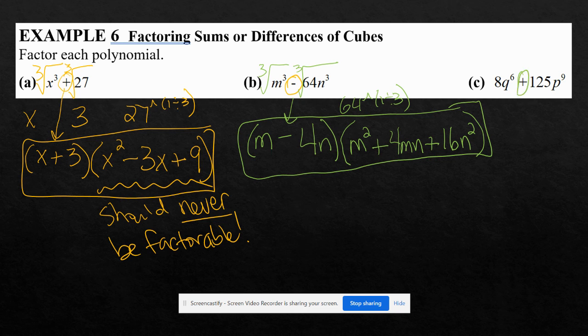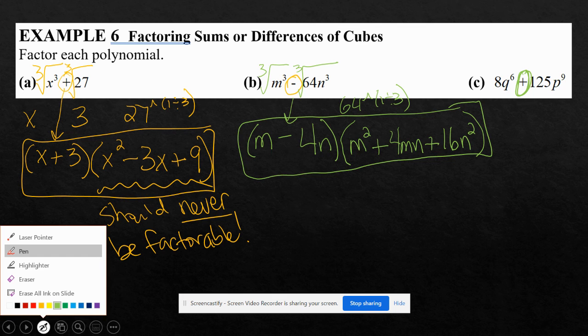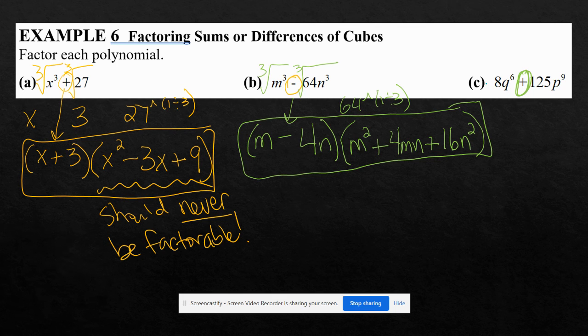Letter C. The plus sign here tells us that this is a sum of cubes formula. So we're going to take the cube root of each. The third root of 8 is 2. And remember, we take the 6 and we divide it by the 3 because we now know how many sets of 3 we can get into 6.